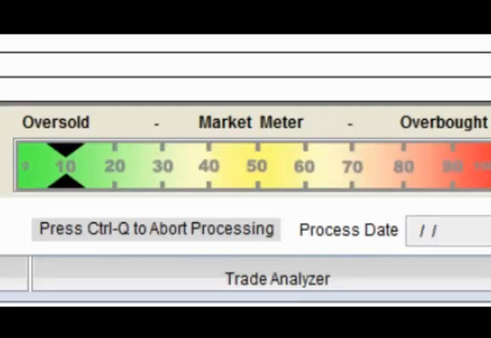This meter is my own design of trying to analyze what the market's up to, and it's really just a general thing. You want to use it like a thermometer. Okay, so we know that the market's selling off and kind of getting oversold, and we're probably going to see it run back towards the center.